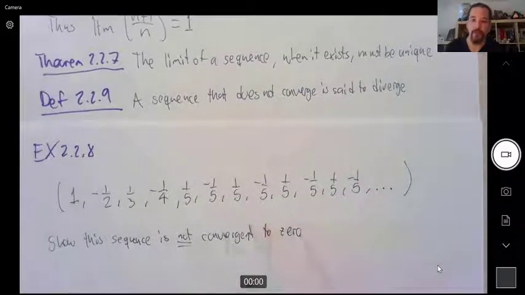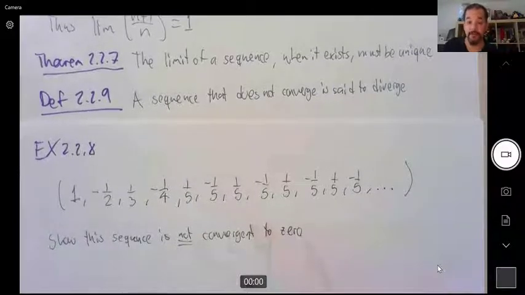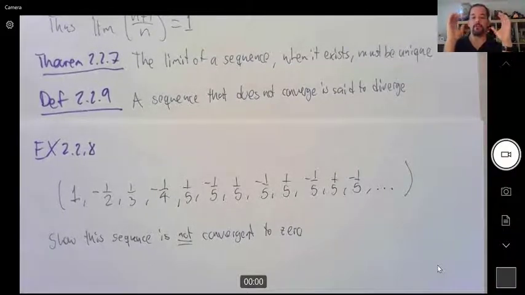Okay, how do we do that? Well, we need to check that the definition fails, right? What is the meaning of the definition failing? It means there is no interval, so we need to show that. Let's take a look at the definition again.